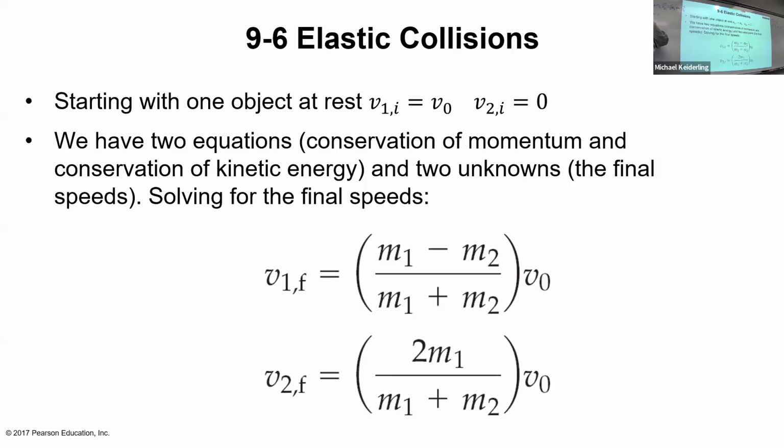So you have V1 final equals M1 minus M2 over M1 plus M2 times V1 initial, V2 final equals 2M1. Actually, let me write this a little smaller because I'm going to extend it.